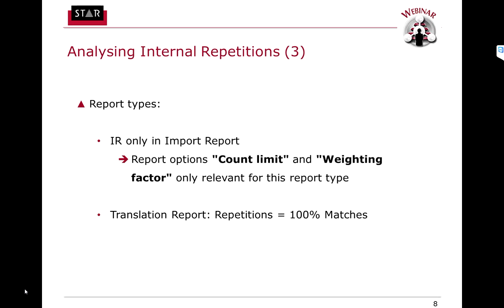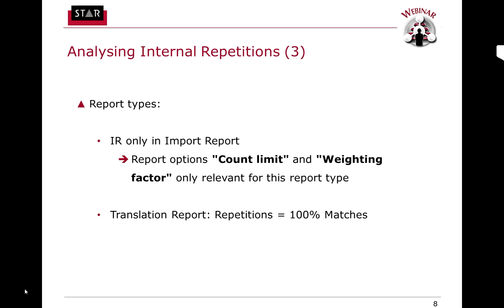There are different report types in Transit. We have import report, progress report, and translation report. The internal repetitions are only shown in the import report.